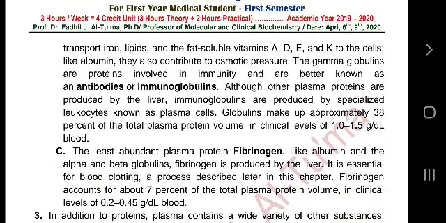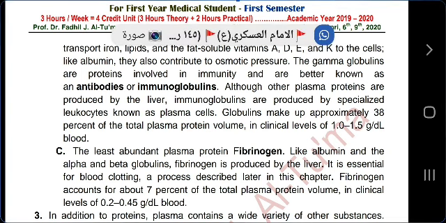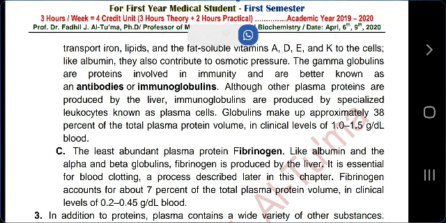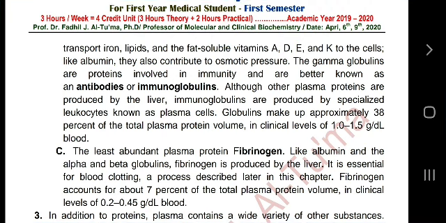The other abundant protein found, which is the least amount of protein found, is fibrinogen. Like albumin and the alpha and beta globulins, fibrinogen is produced by the hepatocyte or by the liver.